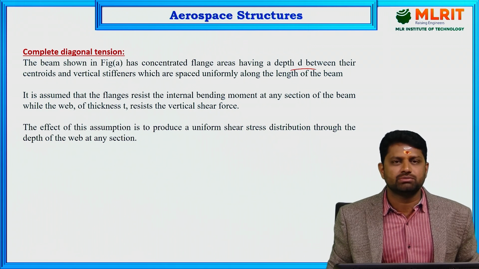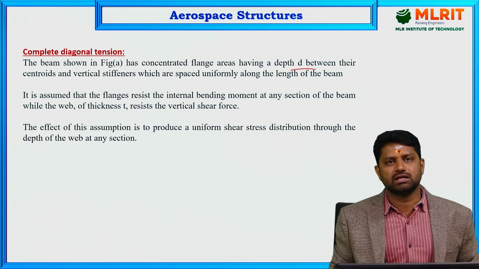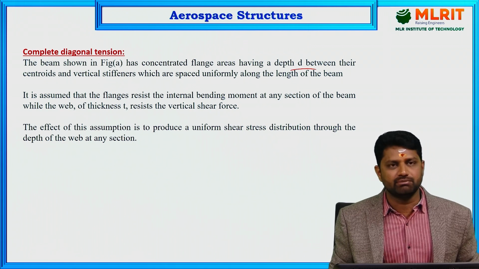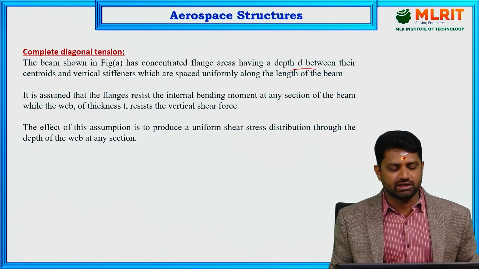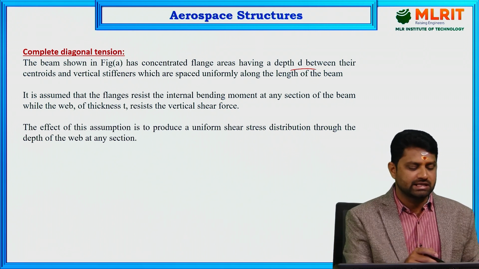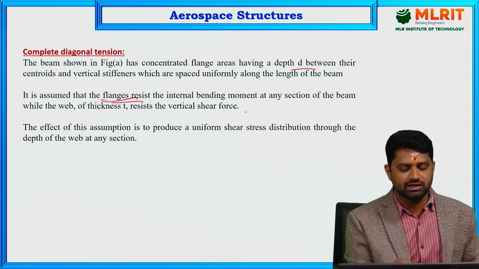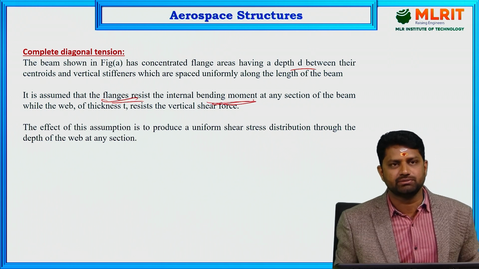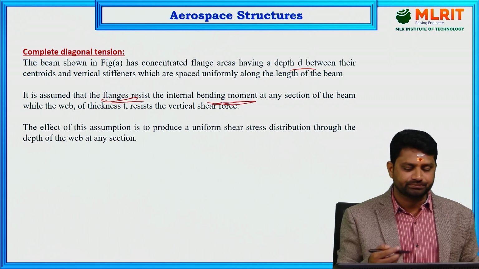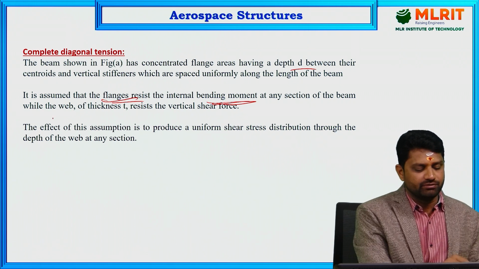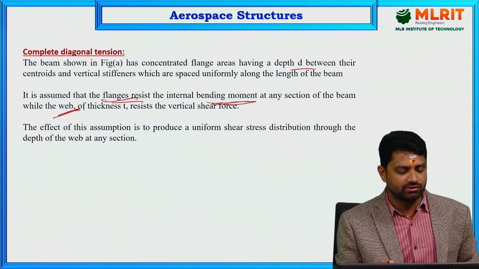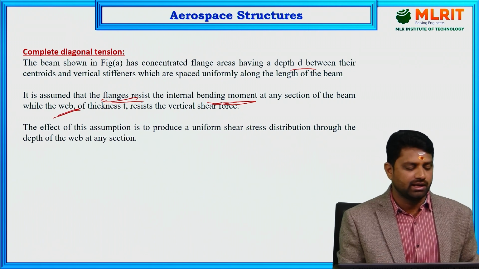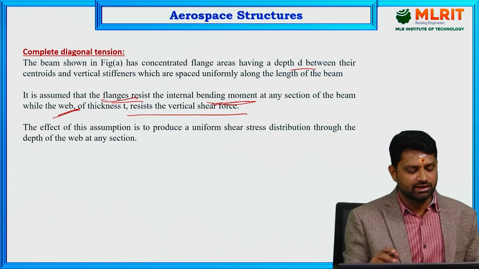It is assumed that the flanges resist the internal bending moment at any section of the beam, while the web of thickness t, which is very small, resists the vertical shear force.